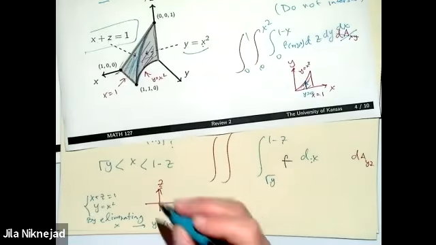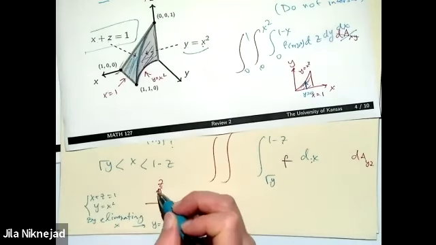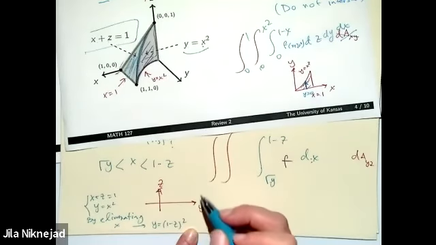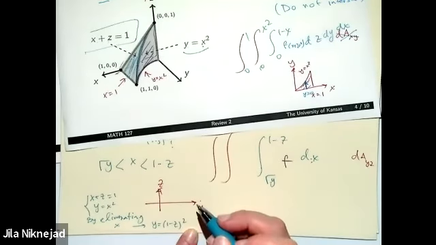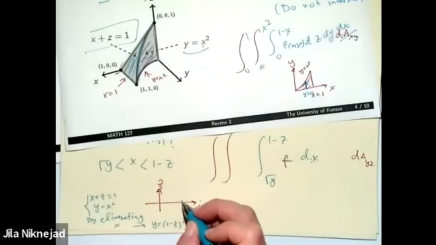If I put in z equal to 1, y is going to be 0. If I plug in y equal to 1, then z is going to be 0 right there.